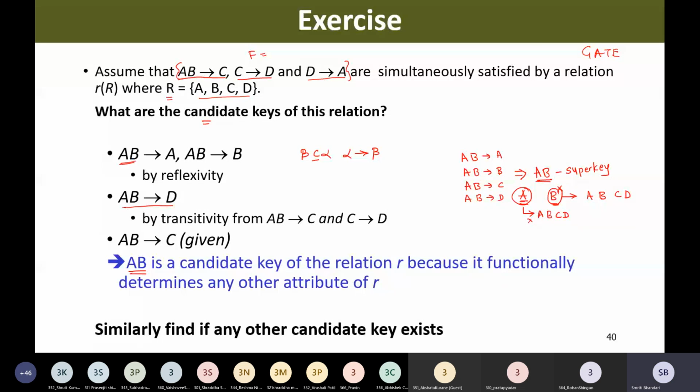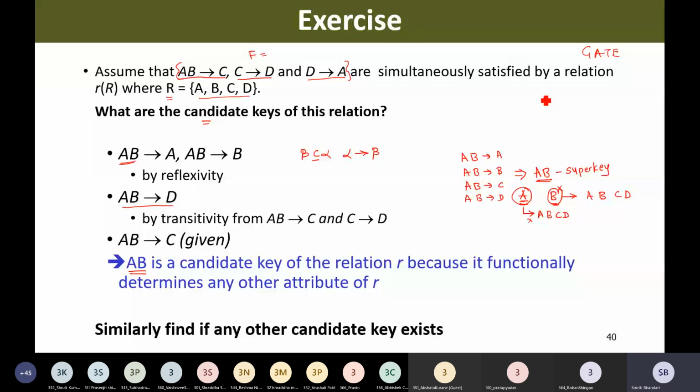So similarly, find out if any other candidate keys exist for this particular relation given the set of functional dependencies. We have identified one candidate key, that is AB. I'm giving you this as the homework.